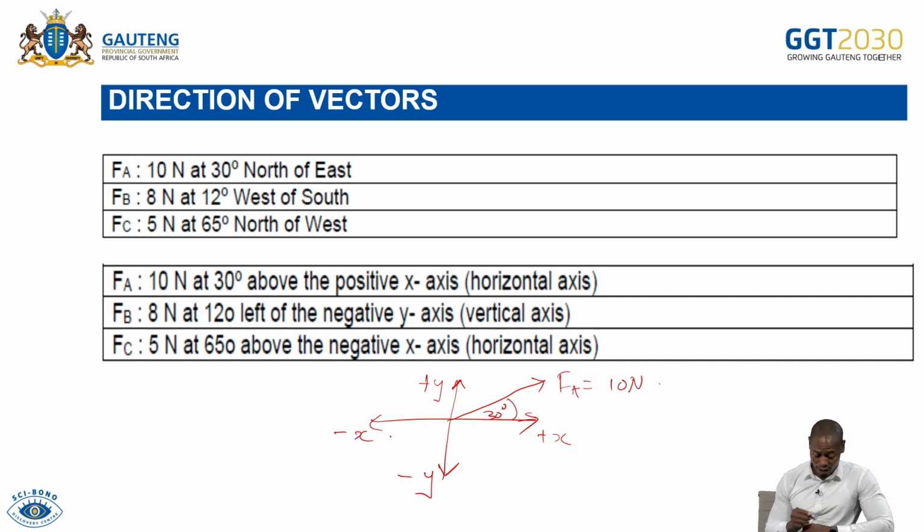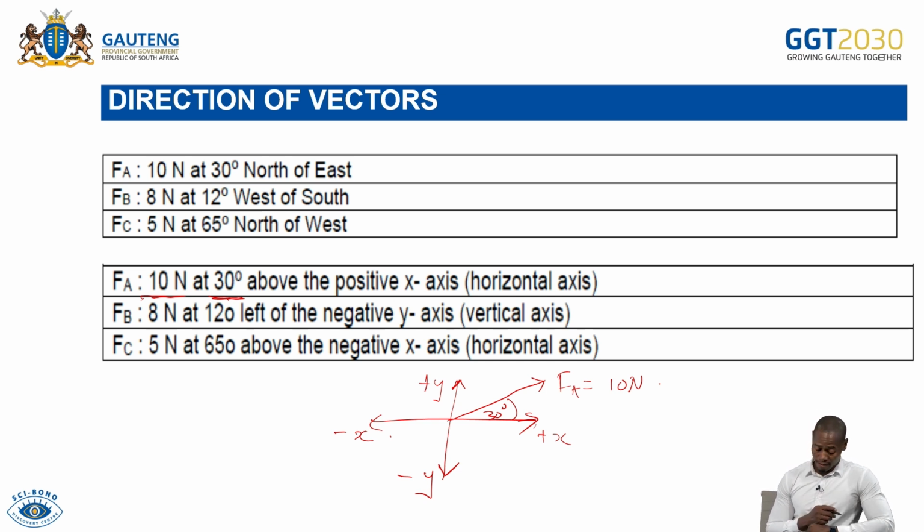For example, look at your Fa. What is the magnitude of Fa? It's 10 newtons. What is the angle given there? It's 30. So this 30 is 30 degrees above the positive x-axis.